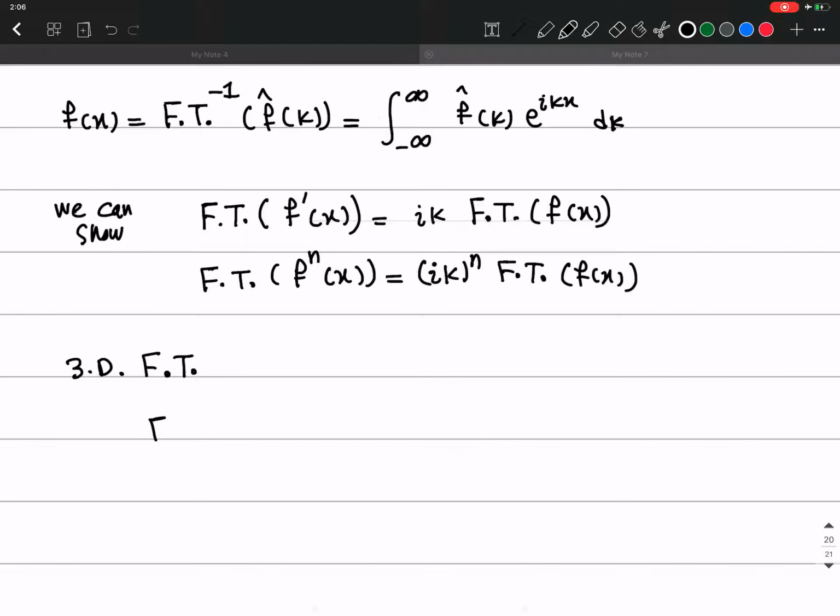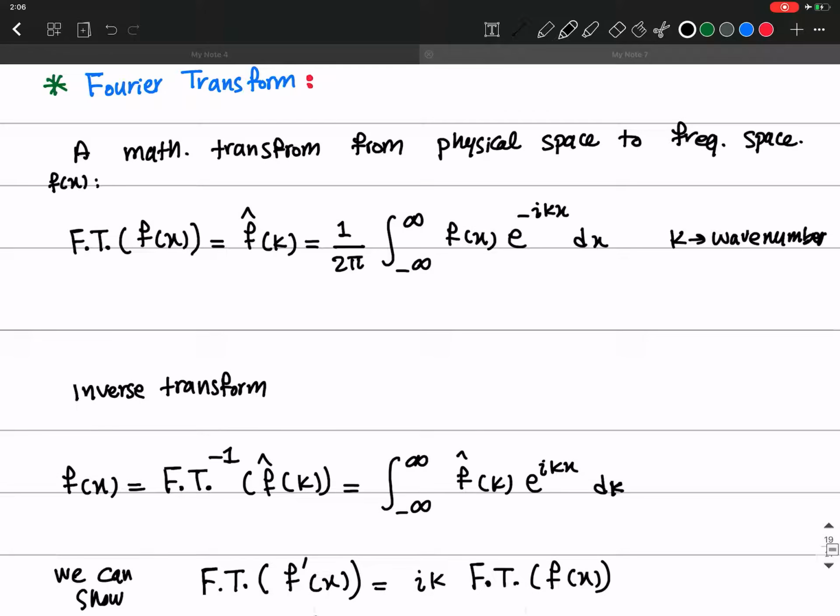So let's say the Fourier transform of B_ij of r and t, this function that we define, we just show it as F_ij of k, defined as this, which is going to be, we just need to do this in all the different directions. So we have 1 over 2 pi cubed, and we need to do it in x1, x2, x3.